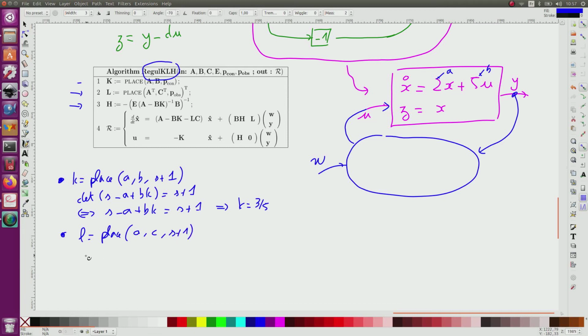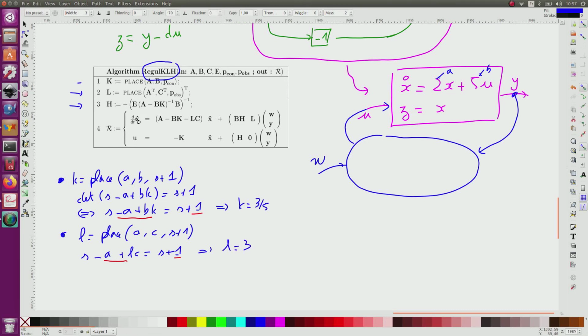If I do this, I solve s minus A plus LC is equal to s plus 1. Now, it means that this should be equal to this in a similar way as that should be equal to that. From this, I know the value for A and C, and I conclude that L is equal to 3.